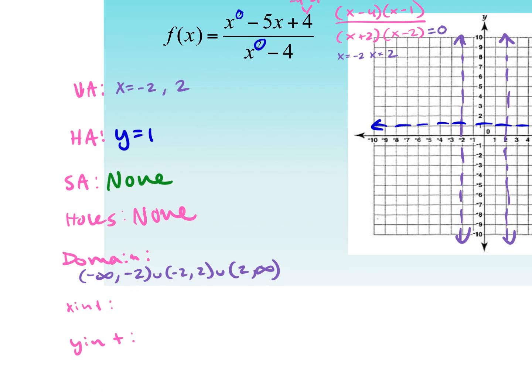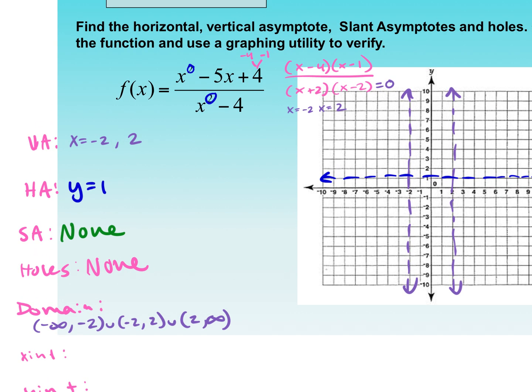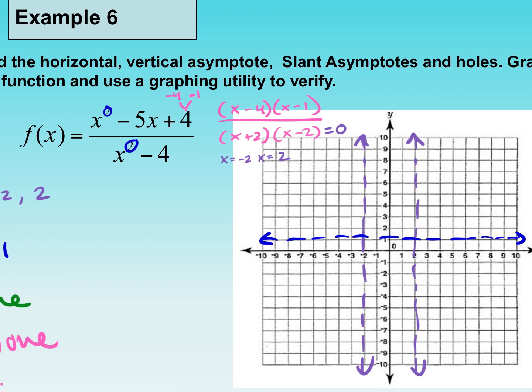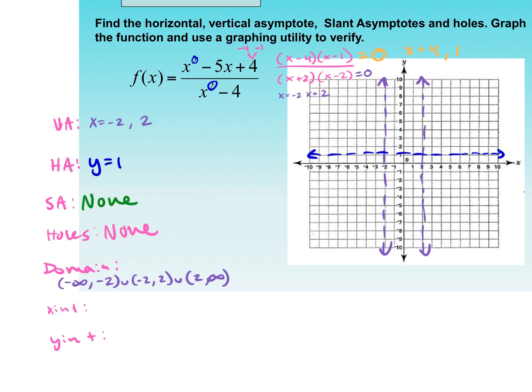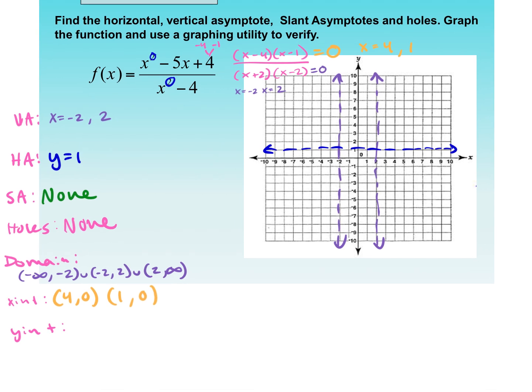Next, how do we find the x-intercept? Set the numerator equal to 0. So I already factored the numerator. I did the first step for us. Set it equal to 0. We get x equals 4 and 1. So when I write that as an x-intercept, I've got (4, 0) and (1, 0). So I'm going to put a point at 4 and 1.